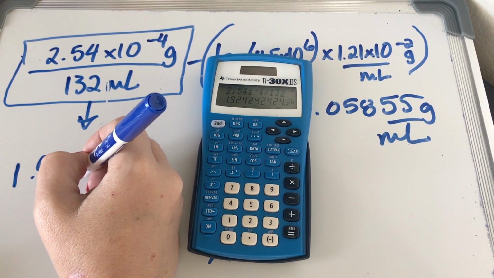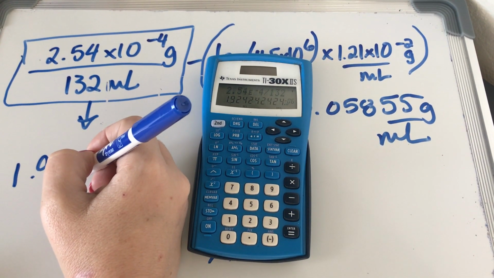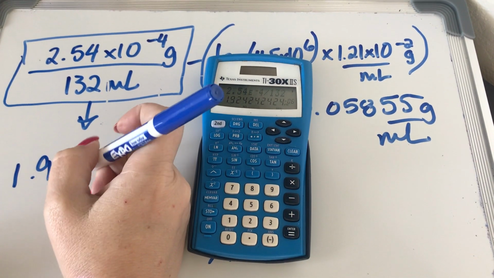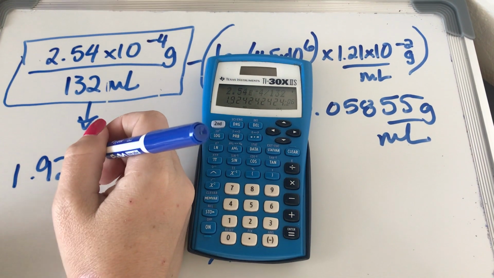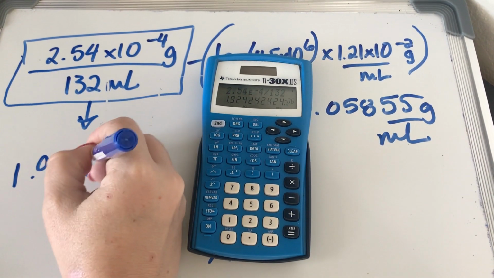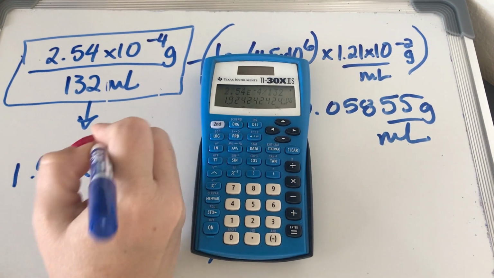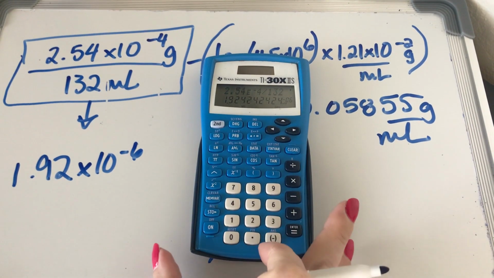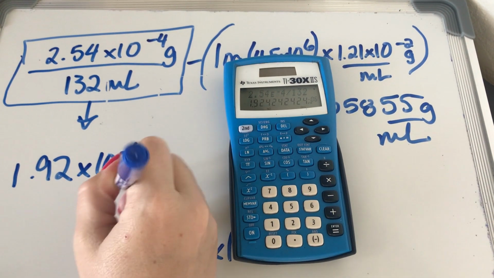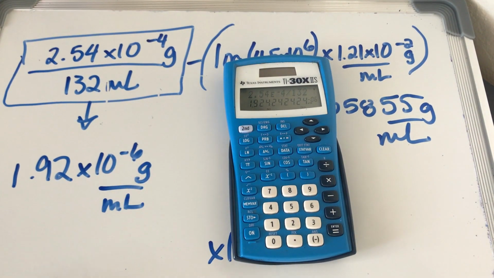So again, if you round at the end, it may give you a slightly different answer, but as long as you're in the ballpark in the last digit, we're good, okay? So if you're rounding to a slightly different digit than I do, that's okay. Times 10 to the negative 6, right? And I can't forget my units, grams per milliliter, right?